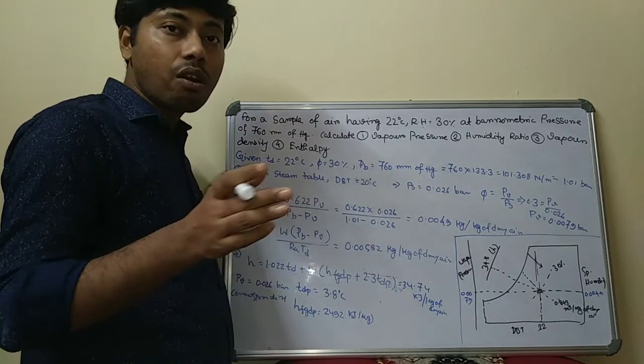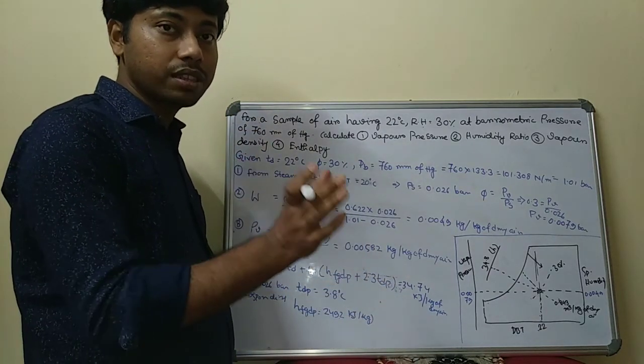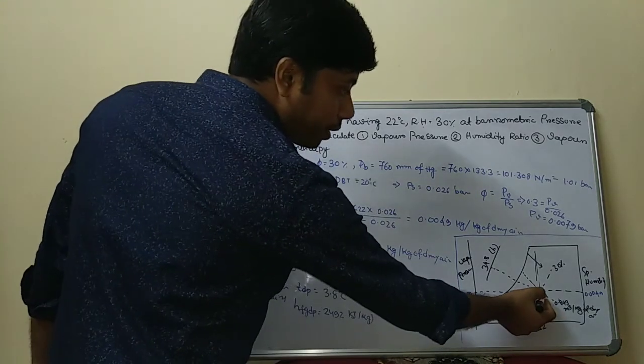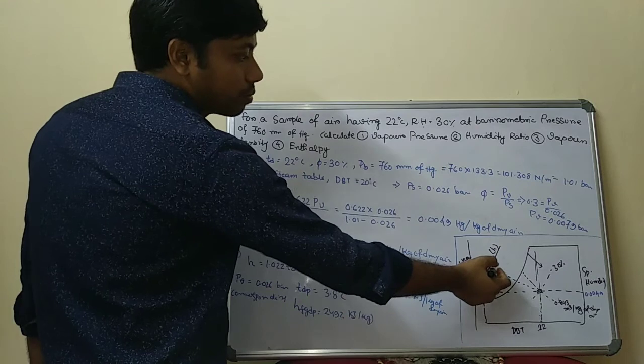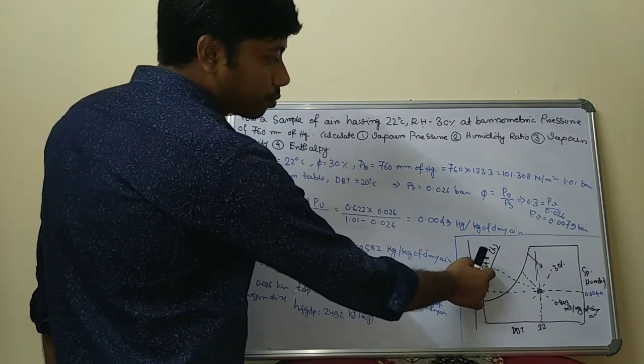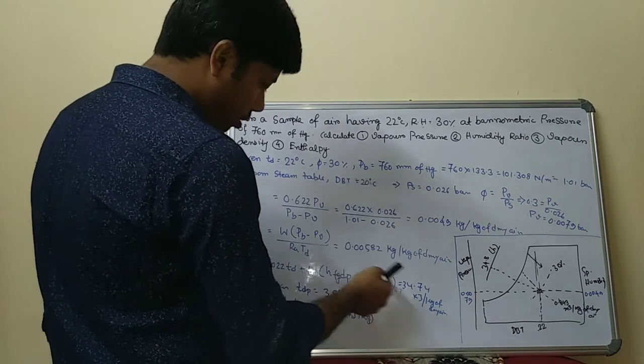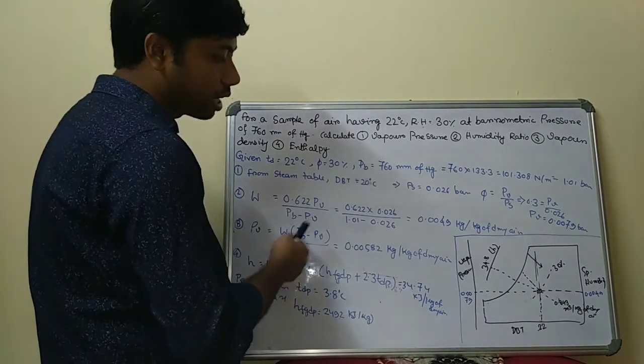This is a very long expression for the enthalpy of moist air. Now you can calculate easily. If you draw this line corresponding to this point, this line gives you the enthalpy line. That would be your 34.8. That will match the enthalpy which you calculated.